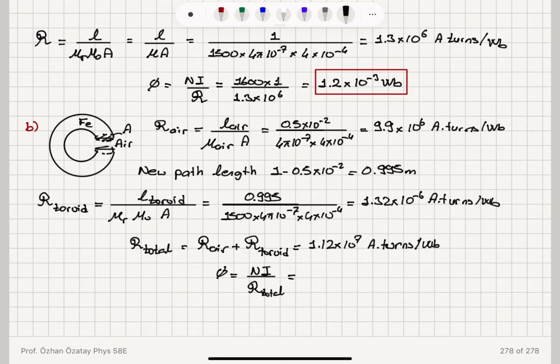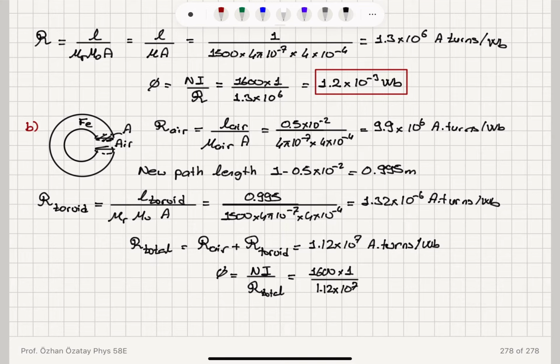This is 1600 windings, 1 ampere current, divided by the total reluctance, 1.12 times 10 to the 7.